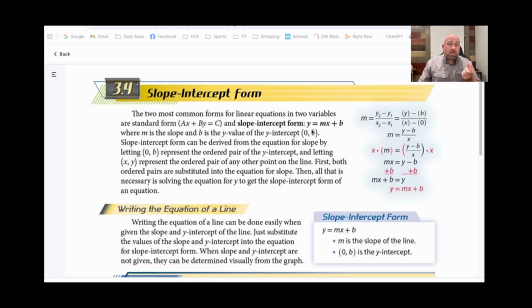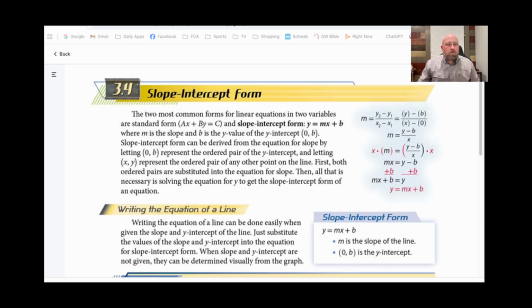But then the b is actually the intercept, the y-intercept. So that's why sometimes you'll hear it called the y-intercept form or the slope-intercept form. Either one is correct.